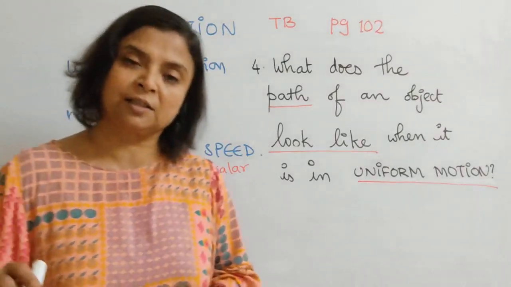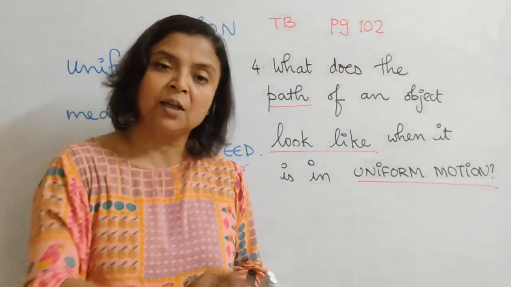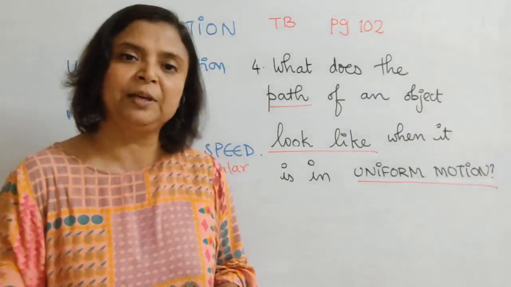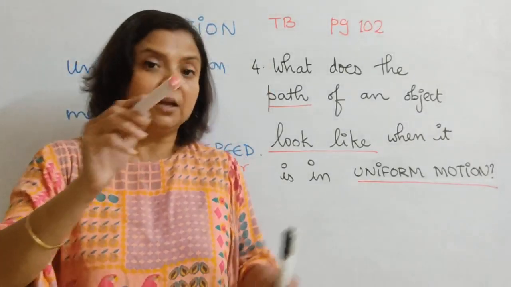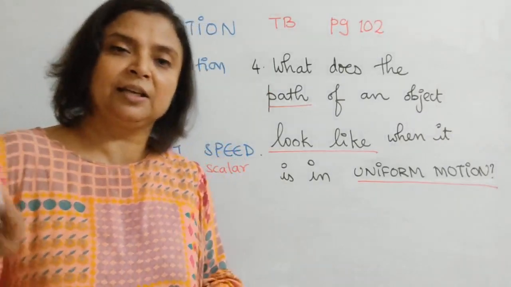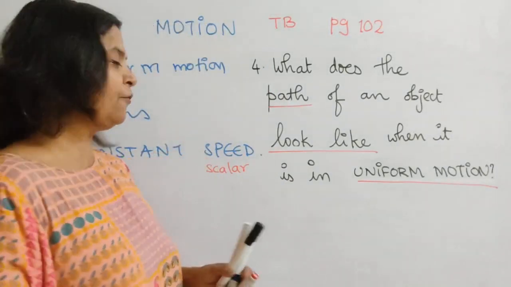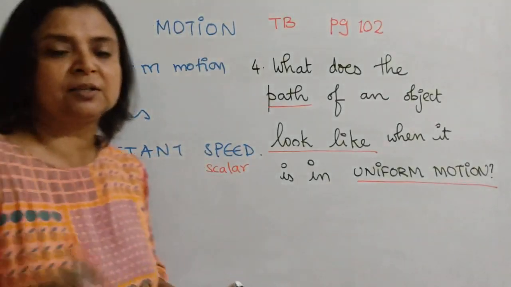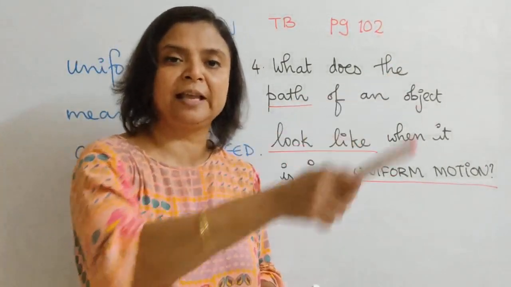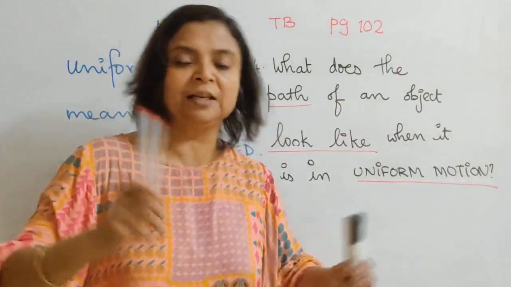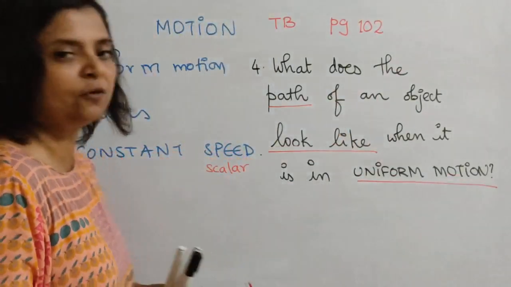So if you are sitting on a giant wheel which is mechanically operated, so after a certain time the speed remains constant. Okay, so even though the direction changes, it's an example of uniform motion. Or if a pendulum is moving with the same speed, although it is moving to and fro, the speed is constant, so it is uniform motion.